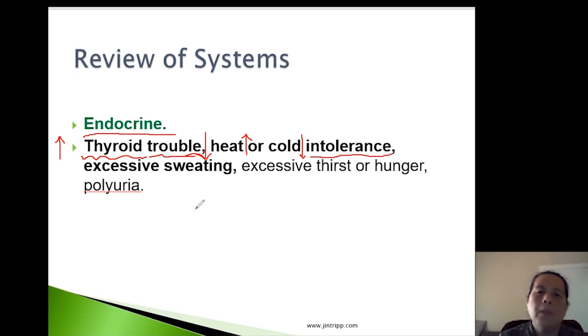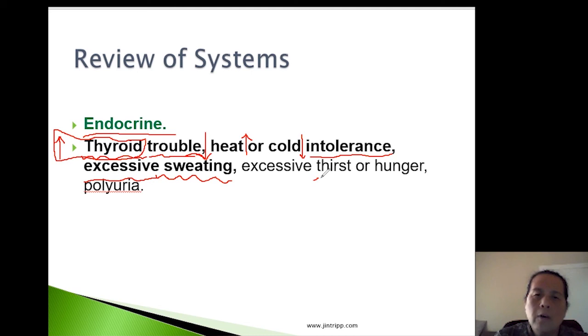So we ask about heat or cold questions, like how people tolerate hot or cold. Or maybe the patient has more sweating, excessive sweating, always sweating whatever the weather, cold or hot. That may be a thyroid gland problem, usually hyperactivity.